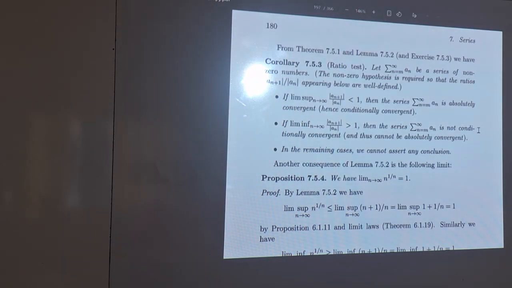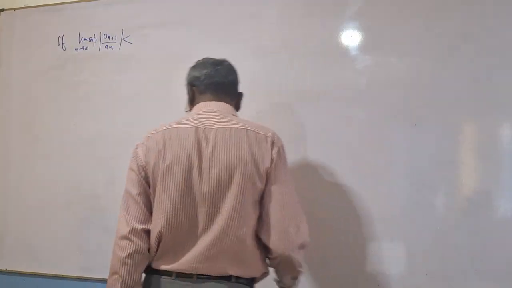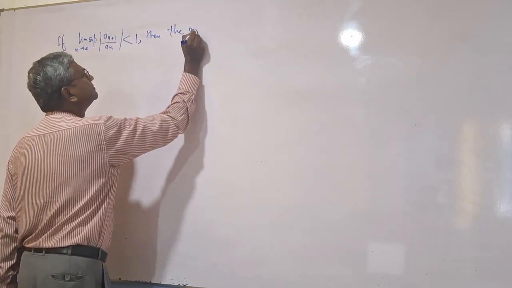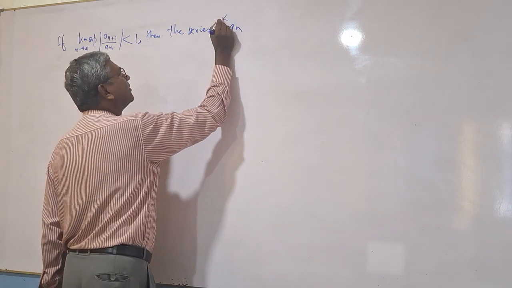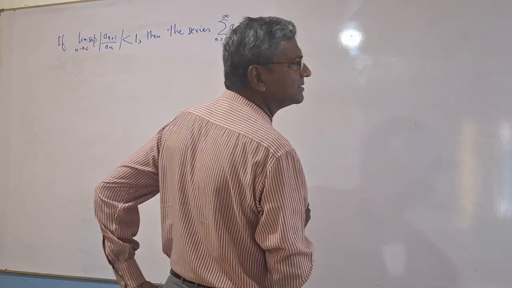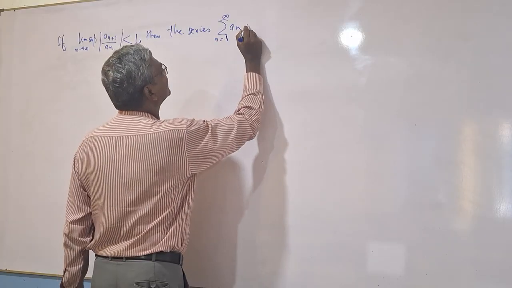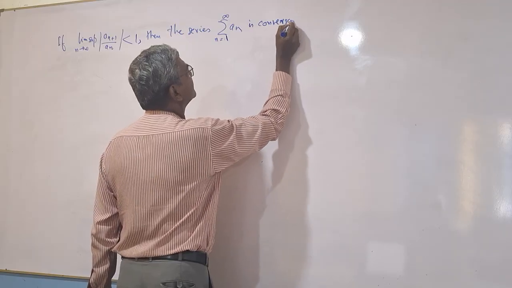So let's do the first one. If the lim sup of |a_{n+1}/a_n| is less than 1, then the series, let's go from 1, is convergent absolutely.